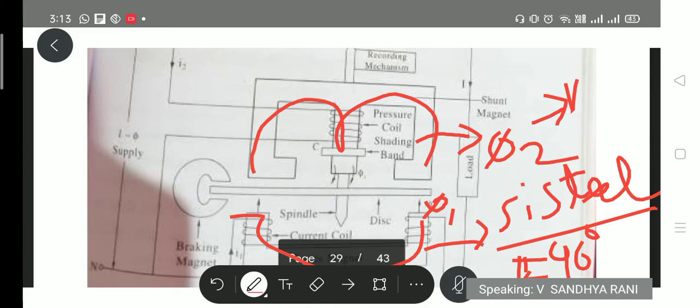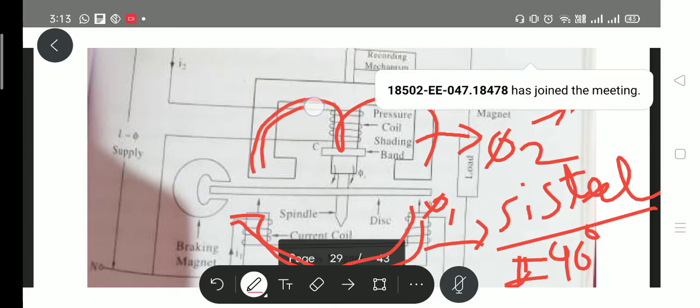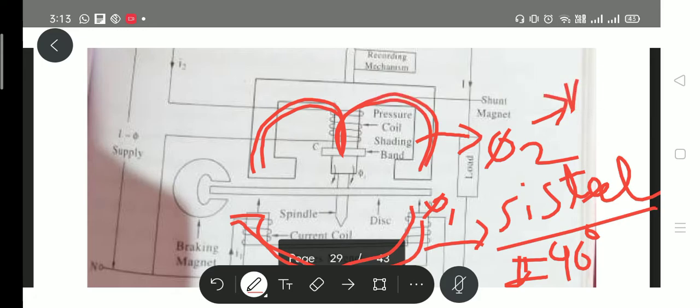The driving system connection: first it has two magnets, one is the series magnet with U shape lamination, and the other is the shunt magnet with M shape lamination. The laminations are made of silicon steel.